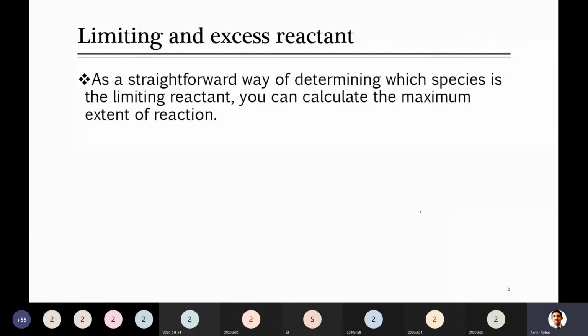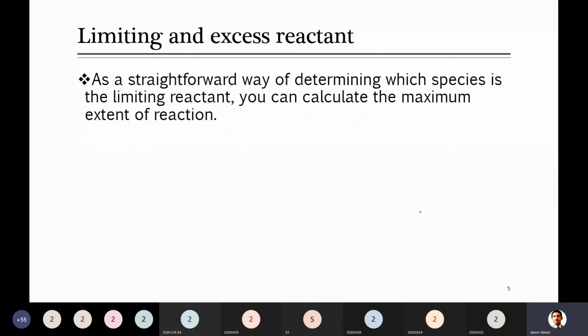The other way, which we are going to explore in the next few slides, is this. Sometimes it is not that clear or easy to use the method you already know from FSC, or the one we just discussed, looking at the moles and their ratio. The other way is to calculate what we call the maximum extent of reaction.